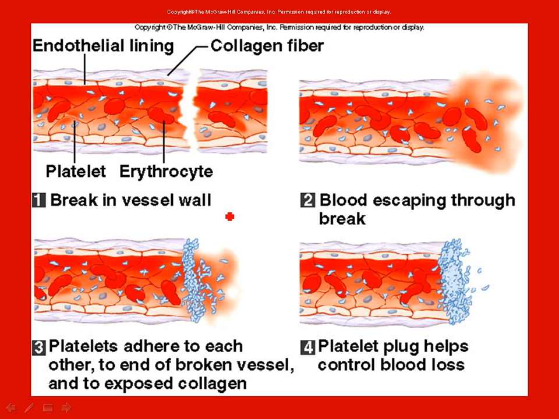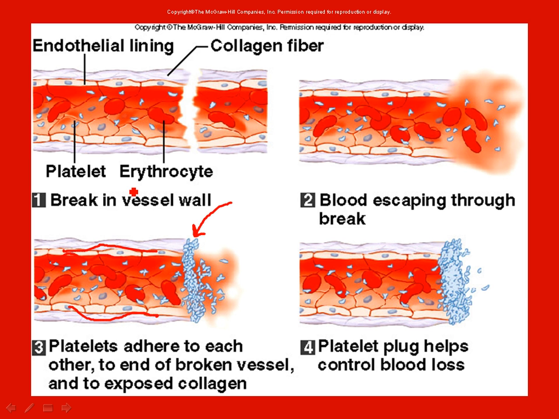And the second step of the process is utilizing the platelets that we talked about before. What happens is we form what's called a platelet plug. Those platelets, those cell fragments, are usually on the inside of the blood vessel, so they are in contact with the epithelial cells on the inside of the blood vessel.